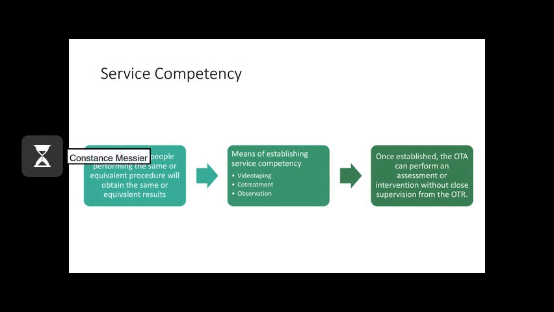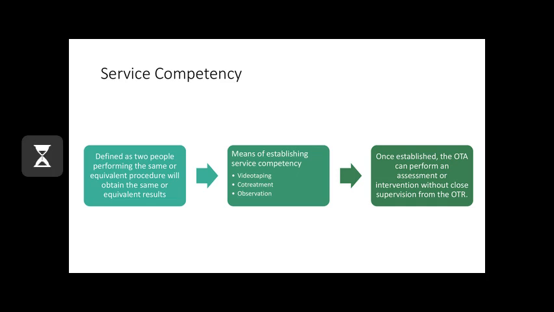Service competency is huge, and it's defined as two people performing the same or equivalent procedure that you'll obtain the same or equivalent results. So that means if I'm going to provide an intervention, well, let's say a basic passive range of motion, and I'm going to be able to move the individual through a certain degree of movement.